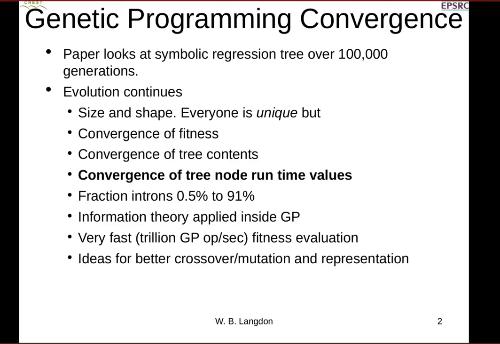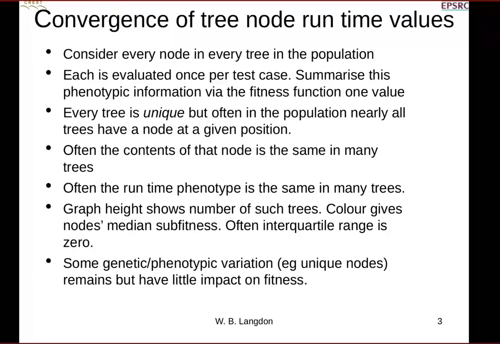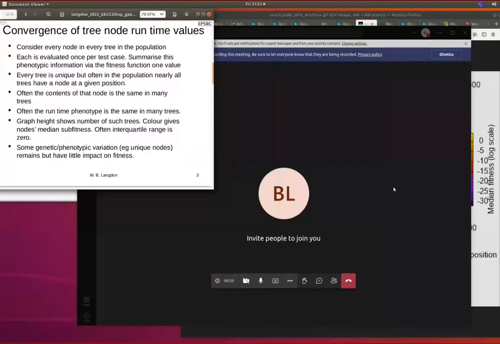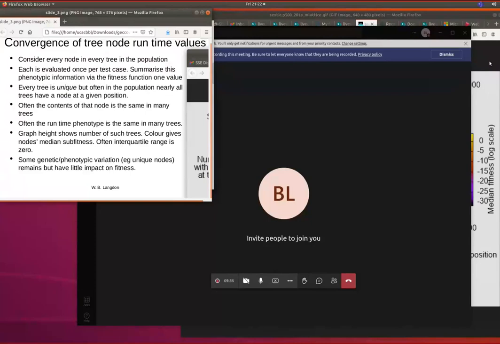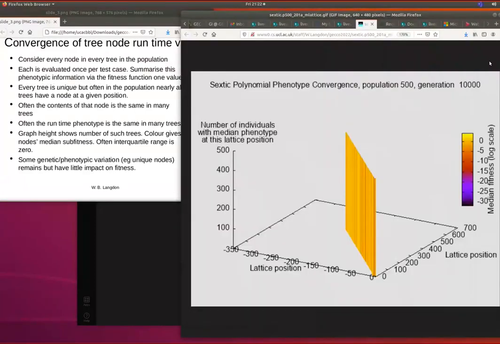There are various other aspects that are covered by the paper, but I wanted to concentrate in particular on the evolution of phenotypes. So if you remember the picture I showed you before of a tree, here we have a tree where the X and Y axes have grown enormously.